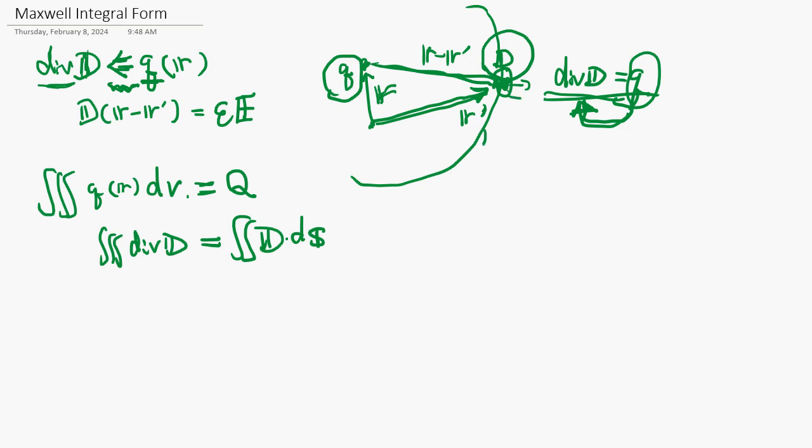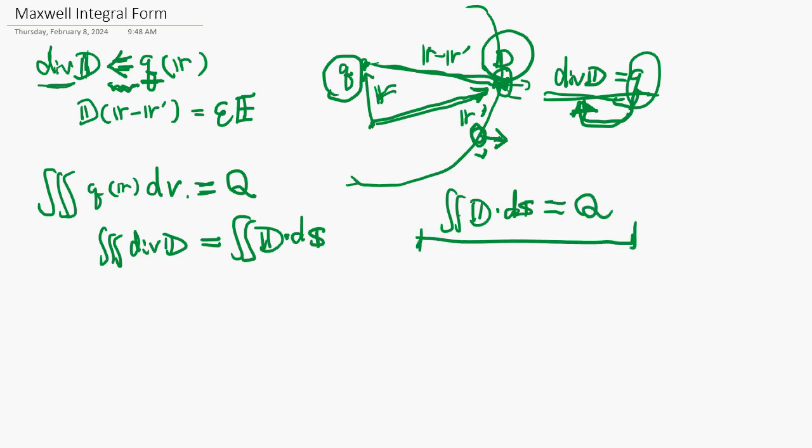The surface vector is a small vector dS pointing outward at 90 degrees. So the integral form is going to be the integral of D dot dS equals Q. This is Maxwell's equation in integral form.